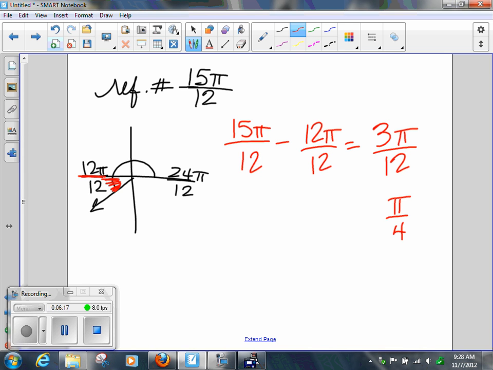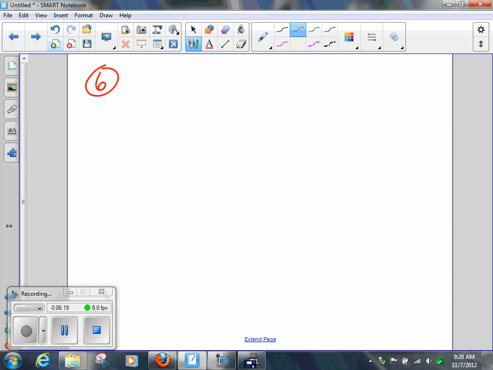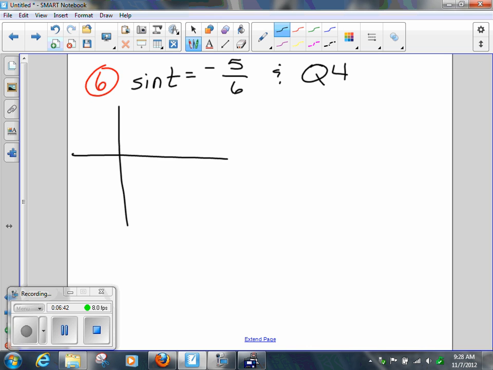All right, let's look at number 6. It only counts once. We were given sine t is negative 5/6, and the terminal point lies in Q4, right? Now, again, draw your coordinate plane.